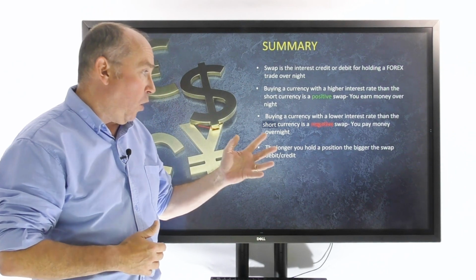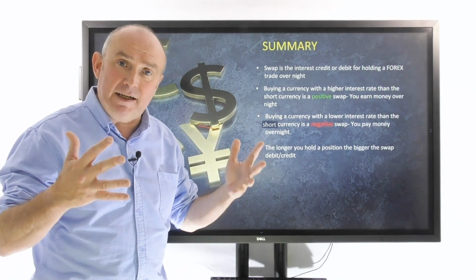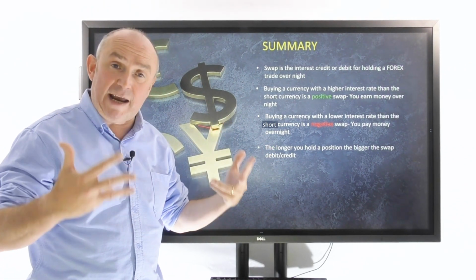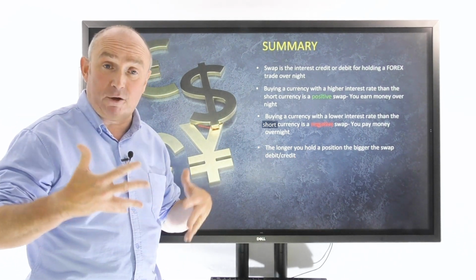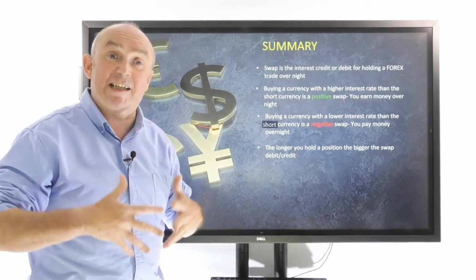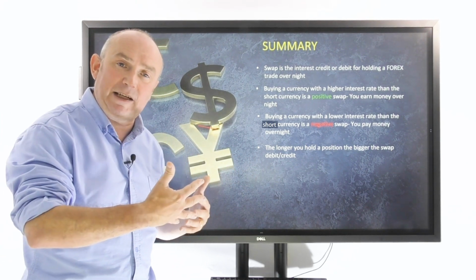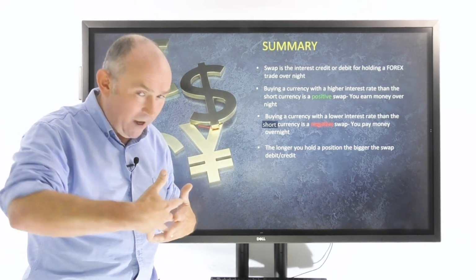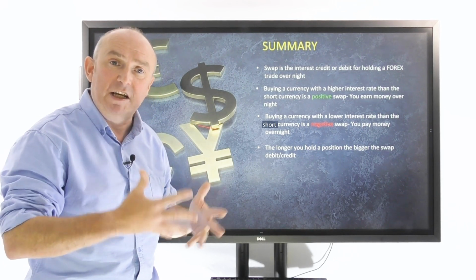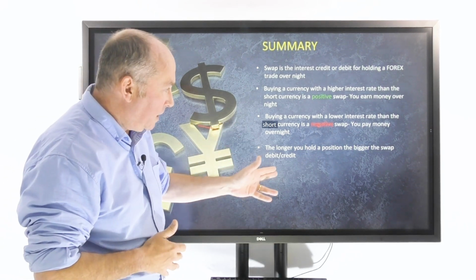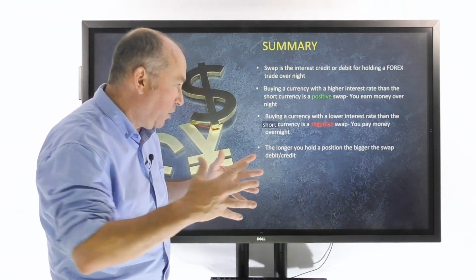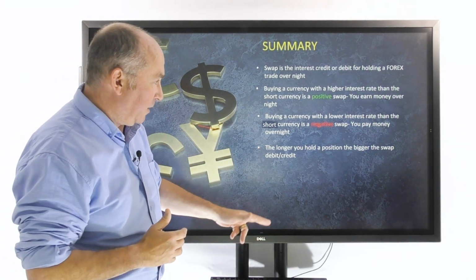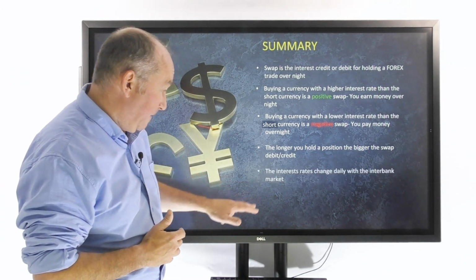The longer you hold a position, the bigger the swap credit or debit will be. Why? Clearly because it accrues each and every day. So you need to factor that in if you're looking at swing trading. Swing trading typically is holding positions for weeks, months, sometimes years on end. You need to factor in the swap to see if that is going to be detrimental to your trade. So the longer you hold the trade, the bigger the swap factor will be.